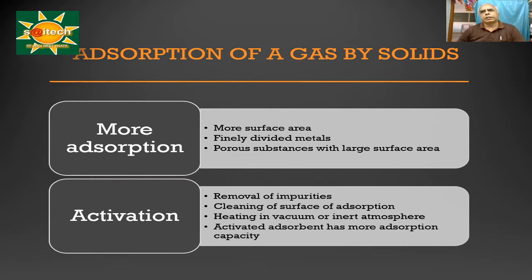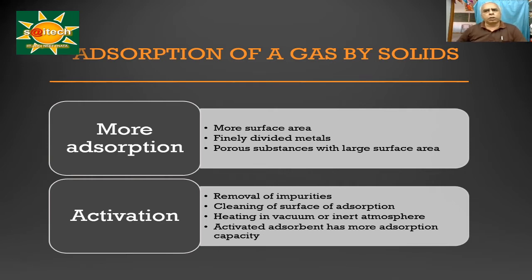Adsorption of gas by solids. There is more adsorption when the surface area increases. And how can you increase the surface area? By powdering further, by making the powder very fine. So finely divided powders or metals have more adsorption.